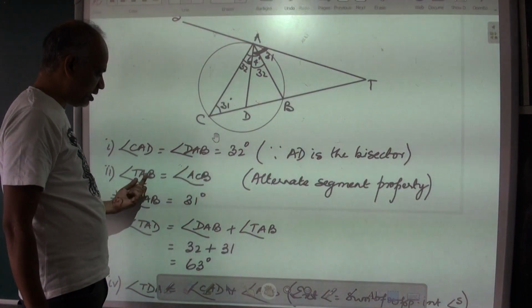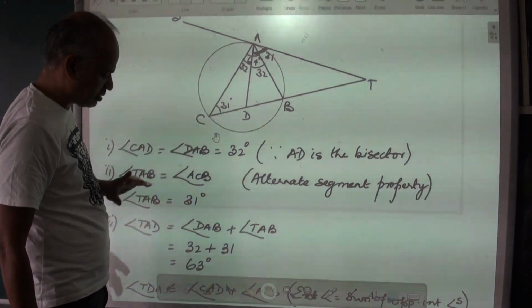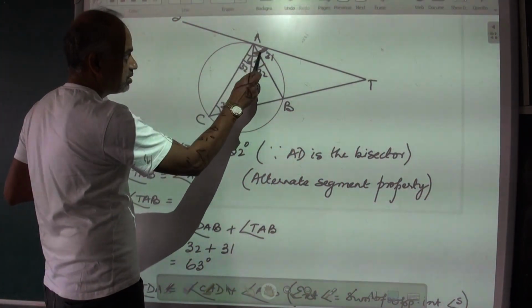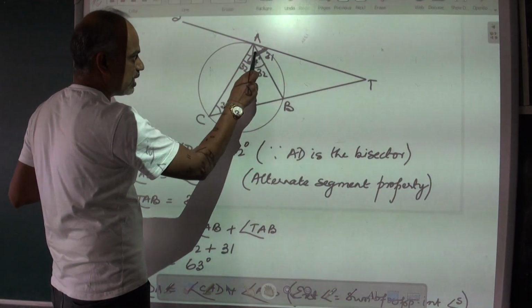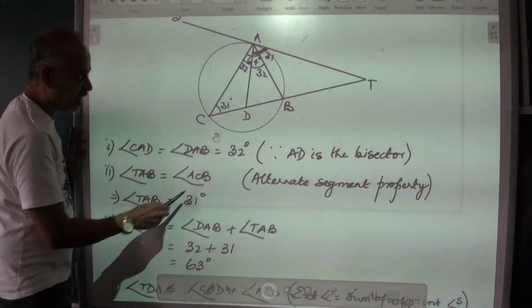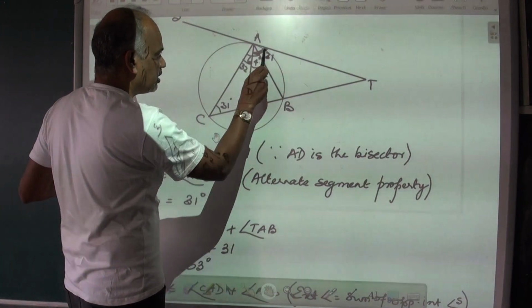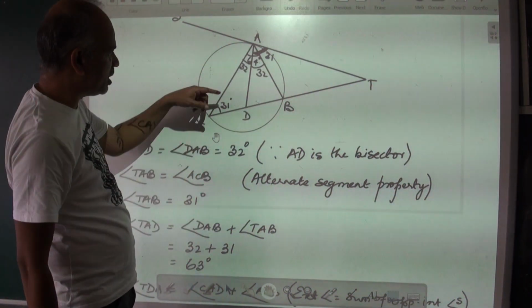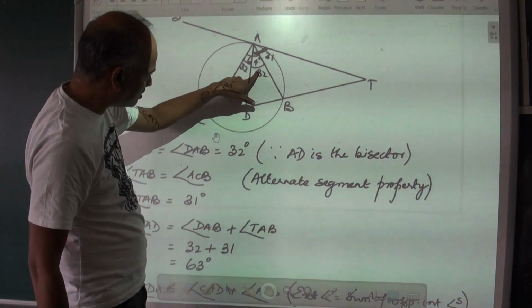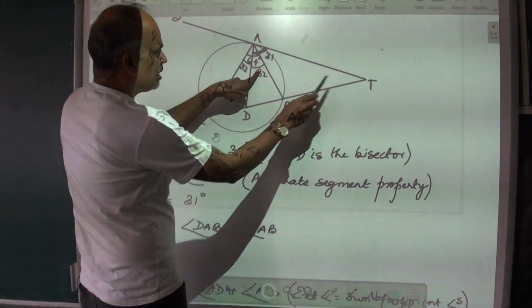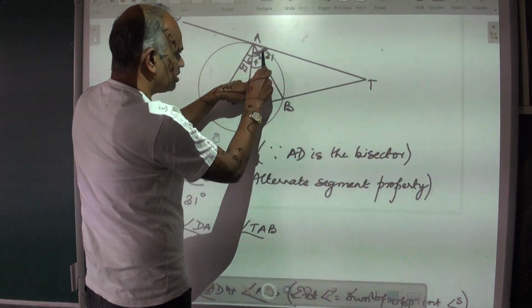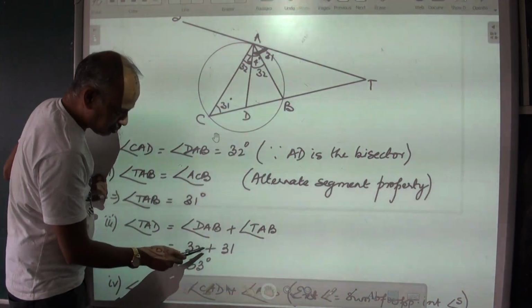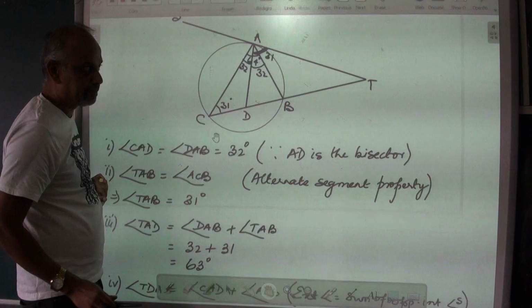So TAB is equal to ACB, which is 31. Now we have to find this whole angle, which is made of two parts. So angle TAD, the whole thing, is made of angle DAB, that is 32, plus TAB, that's 31. So 32 plus 31 gives you 63.